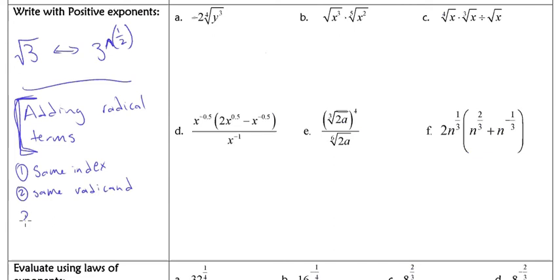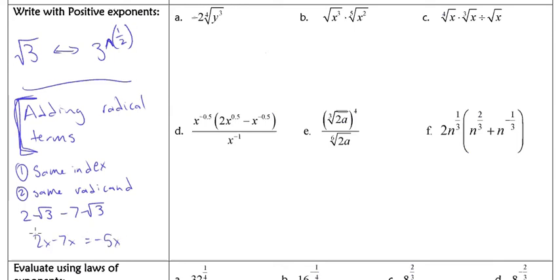So 2 root 3 as an example, minus 7 root 3, same index. The index in both of these is 2, so this is a square root. If it's not shown, it's safe to assume that it's a square root. That's the notation for it. And so 2 minus 7, I can think of this as 2x minus 7x. That would give me negative 5x.